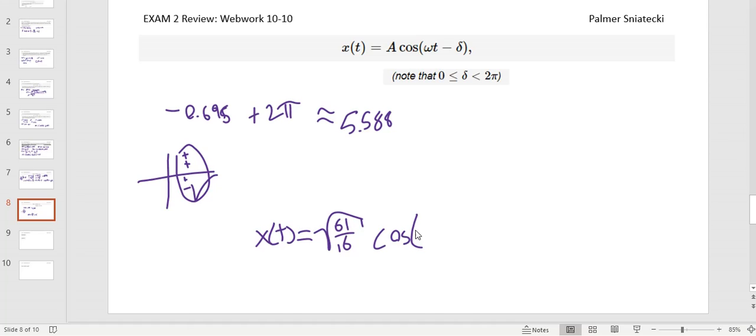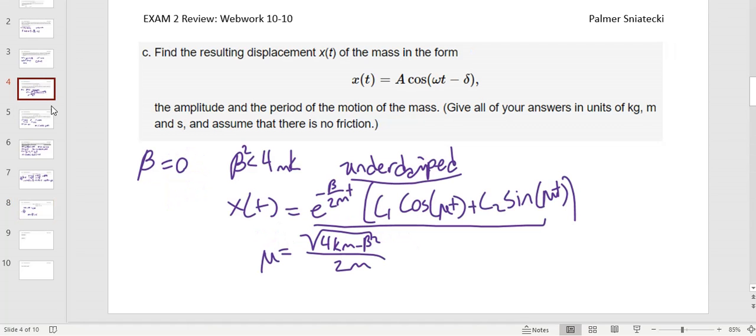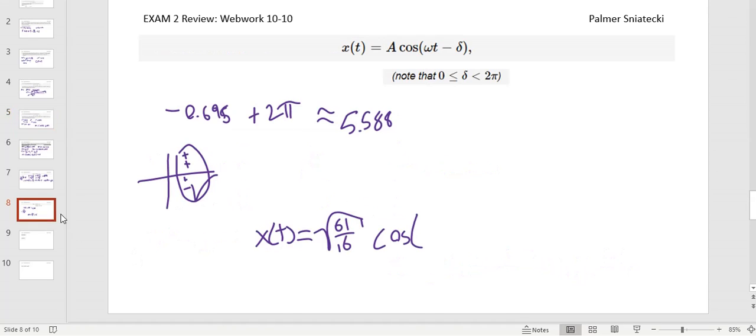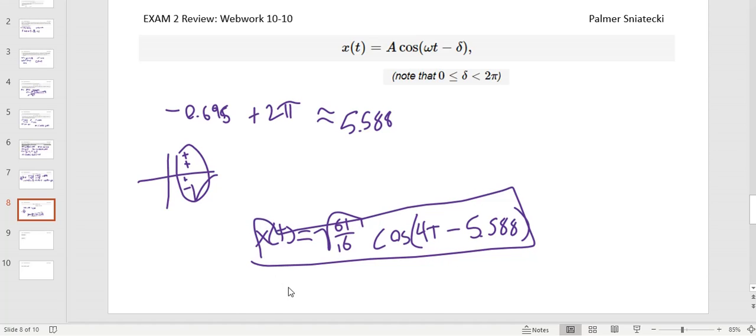And the omega there is just the same one we had before, which was the same through all of them, which is 4t. So we've got the 4 times t, and that's minus delta, which is 5.588. And there is our answer for part C.